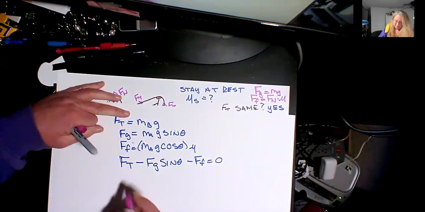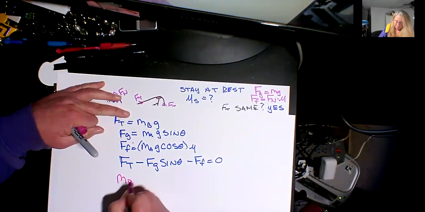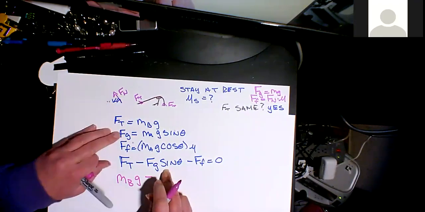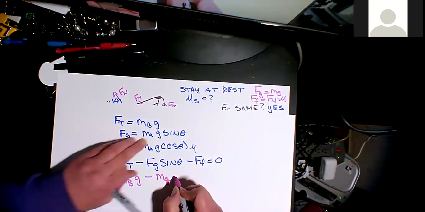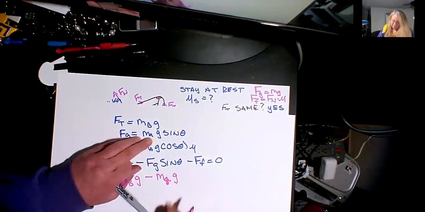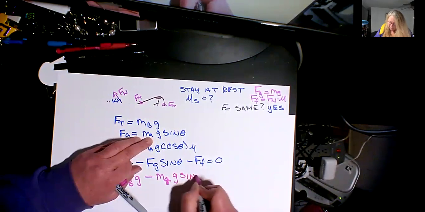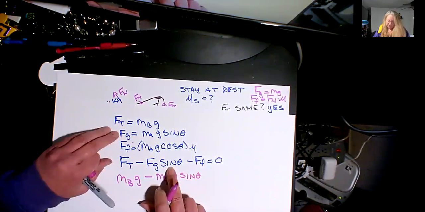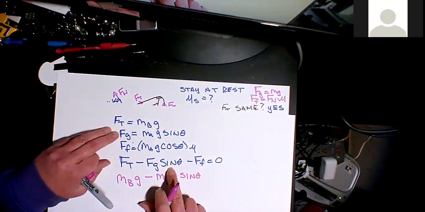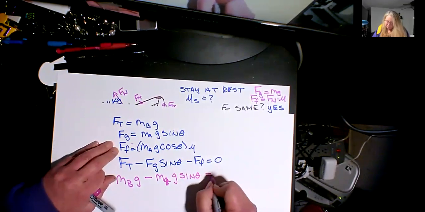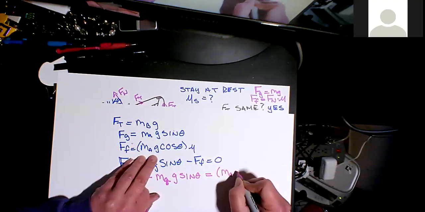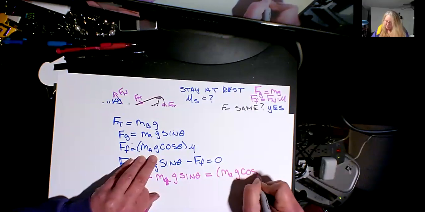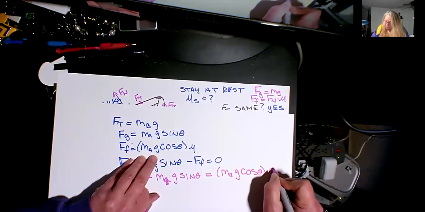Force of tension is mass B times gravity minus mass A, oops, A, not G, A, G, that's horrible when I keep making my A's look like G's, sine theta, it's my Fg sine theta. And equals the force of friction. And the force of friction we've defined as mass A G cosine theta times mu.